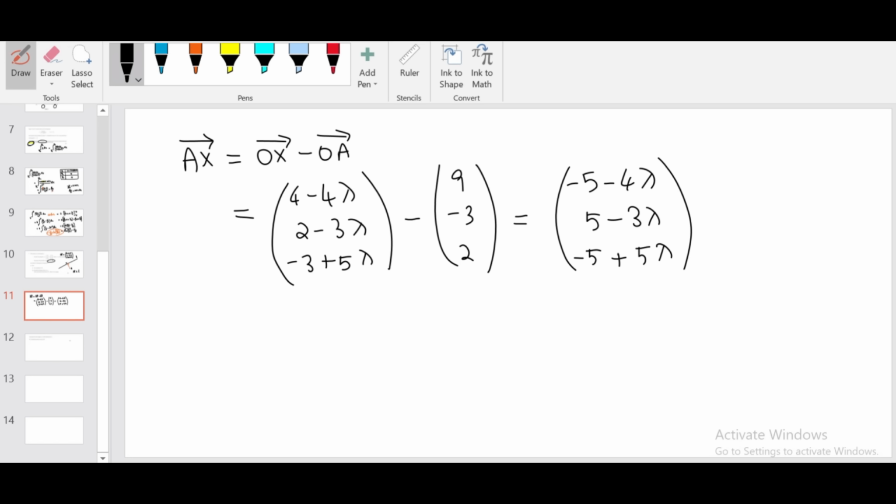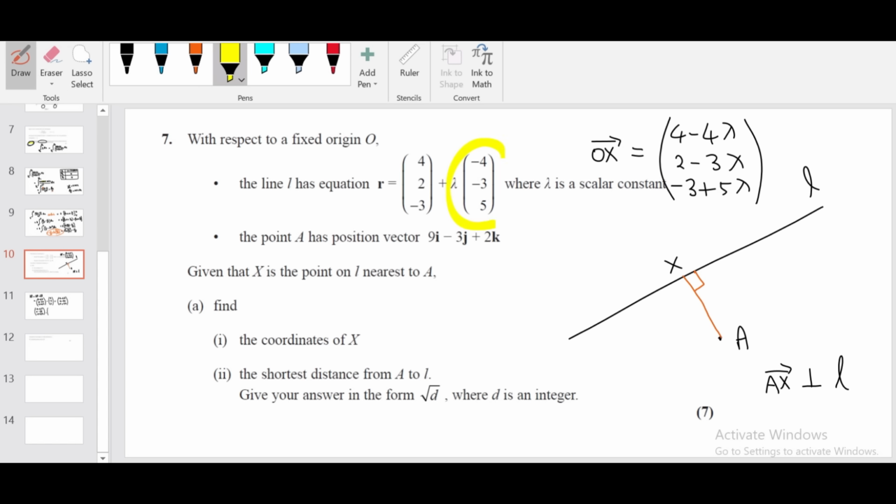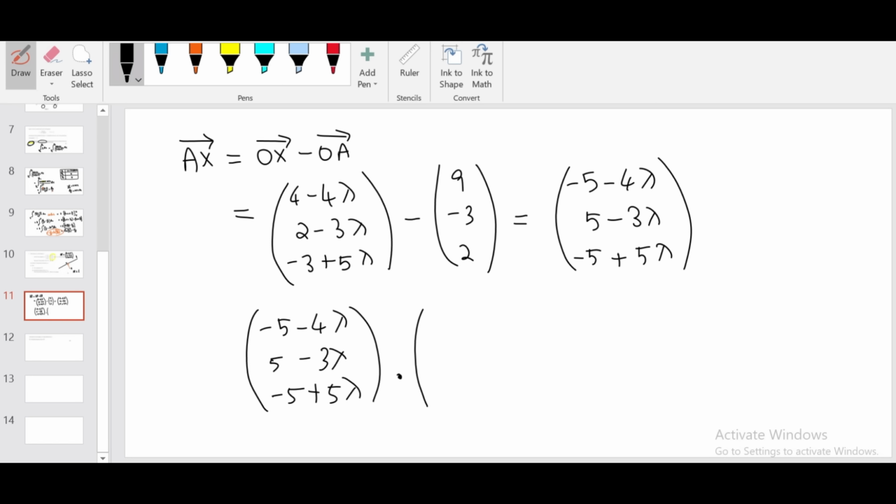Now since the AX vector is perpendicular to the straight line, take the AX vector dot product with the direction vector of the straight line. The direction vector of the straight line is minus 4, minus 3, 5.